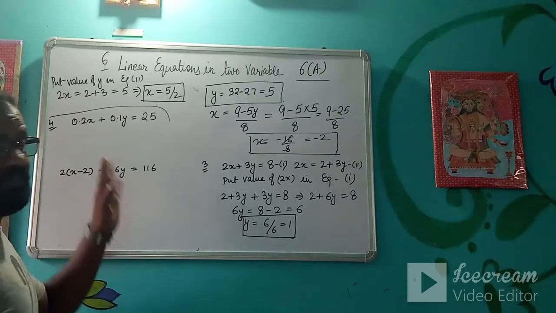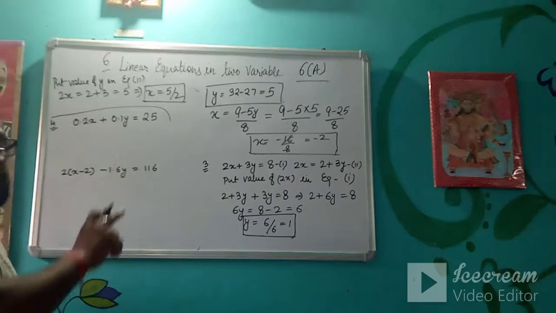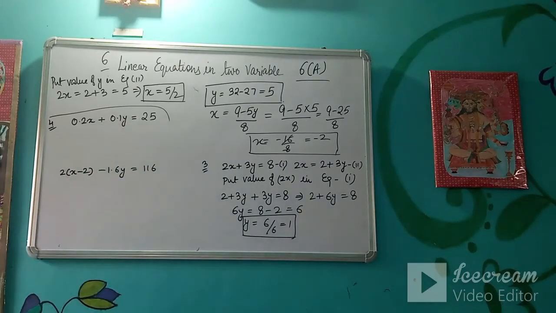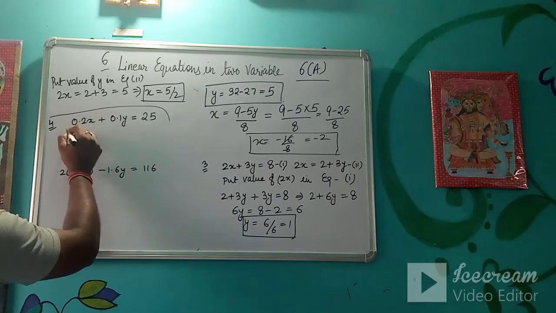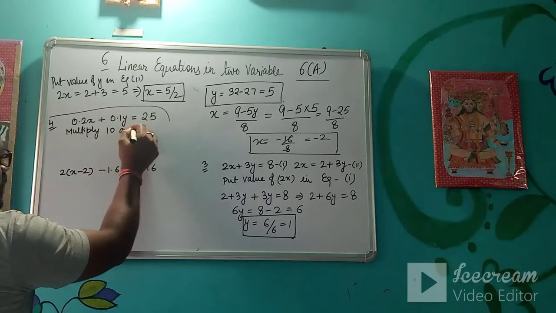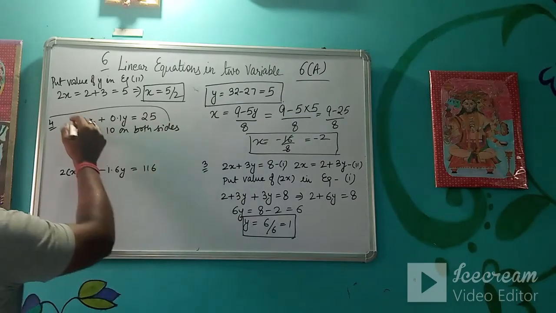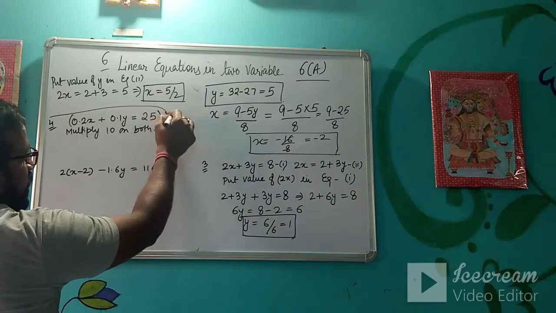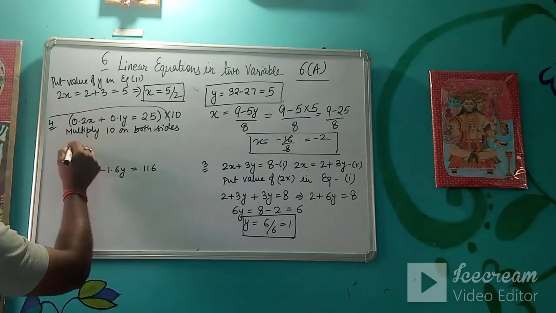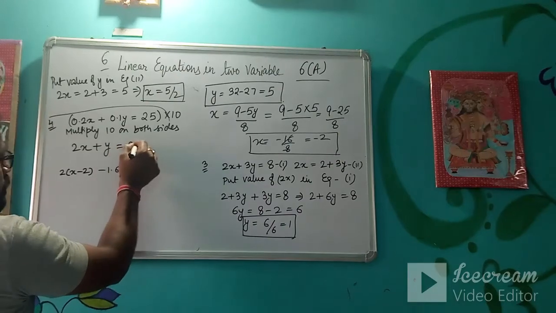Now instead of finding the value of x or y first, what I am going to do is first remove the decimals from here. So I will multiply by 10 on both sides. When you multiply by 10 on both sides, see what you will get. 0.2 into 10 is 2x plus y is equal to 250.